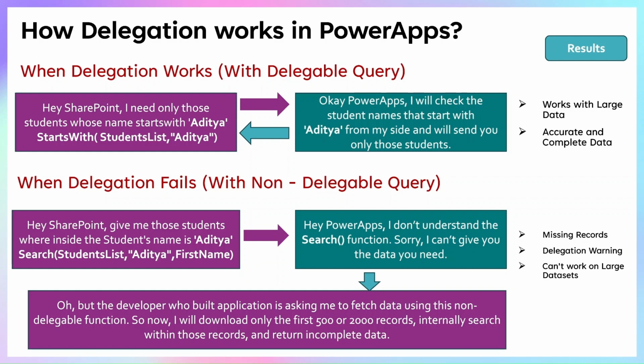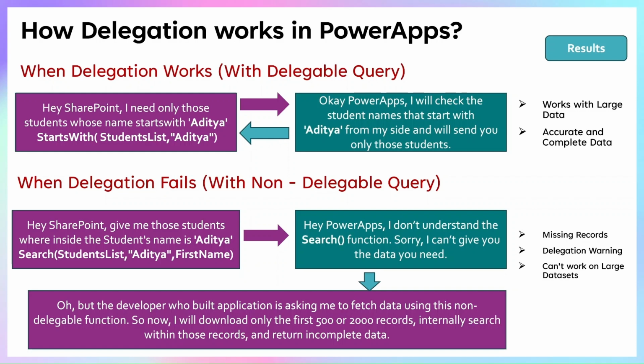So basically, if we use a non-delegable query, based on your Power Apps data row limit, data will be retrieved inside Power Apps, and internally on that retrieved data, the filter query will work. Okay, I will show in the demo.